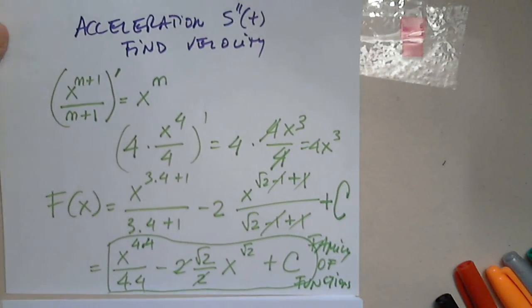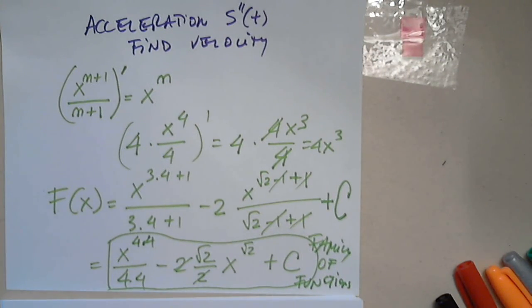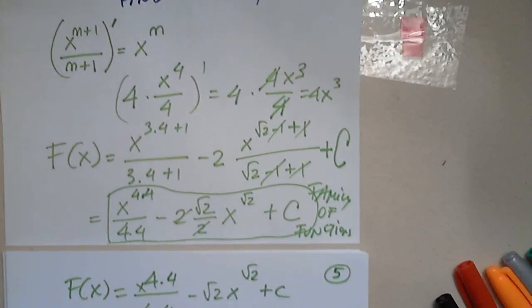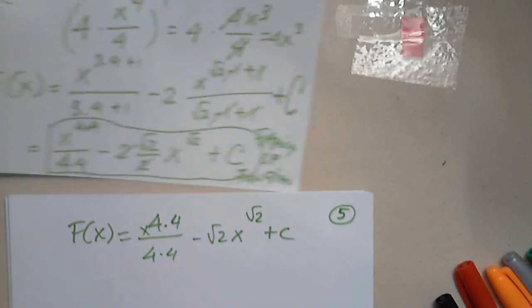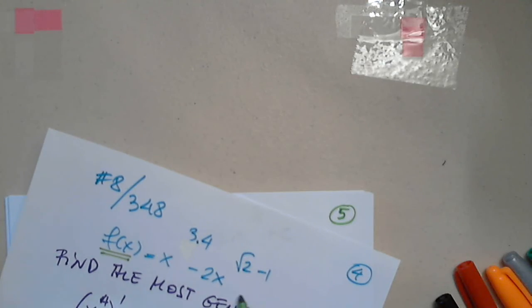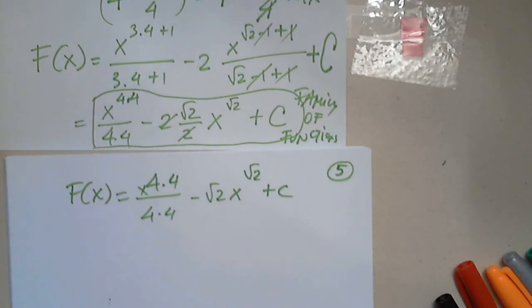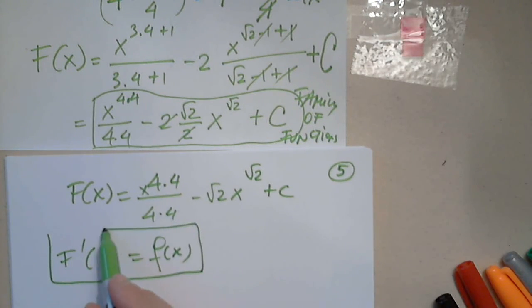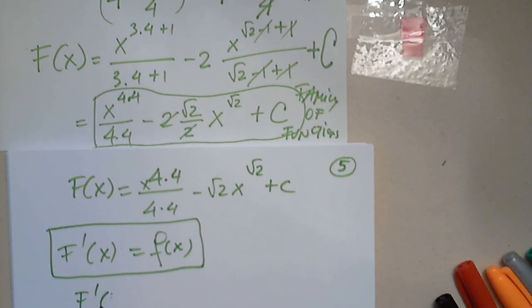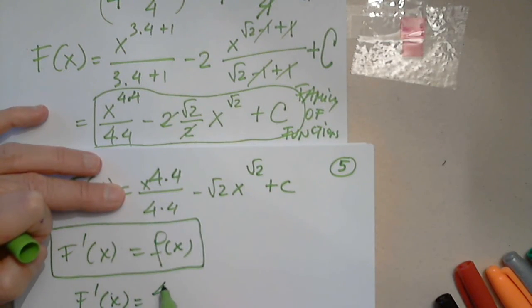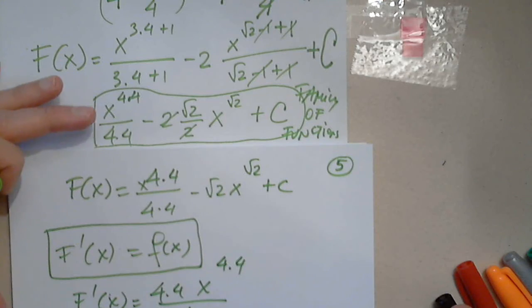And for the first maybe 1 or 2 examples, since our function is x to 4.4 over 4.4 minus the square root of 2 x to the square root of 2 plus a constant c, let's differentiate and make sure that we get this. So F prime should be f of x. Let's check. So F prime of x, I bring down 4.4, x to 4.4 over 4.4, and that's it.